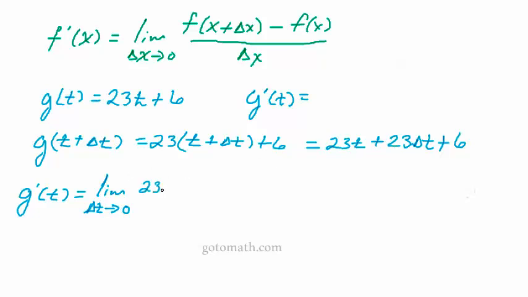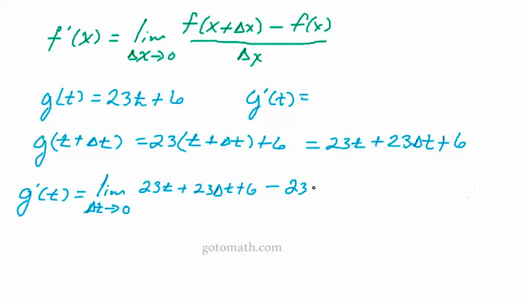We have 23t plus 23 delta t plus 6 minus, right? Minus, of course, this is not f of x here. This is g of t, right? Minus the function. And if you don't mind, I'm going to distribute that negative across.